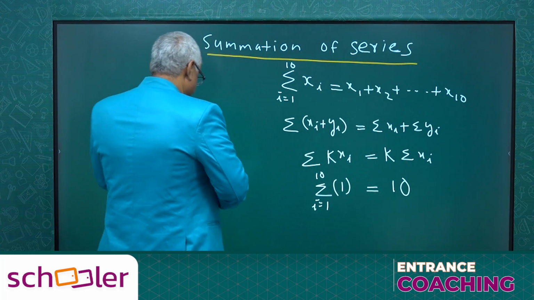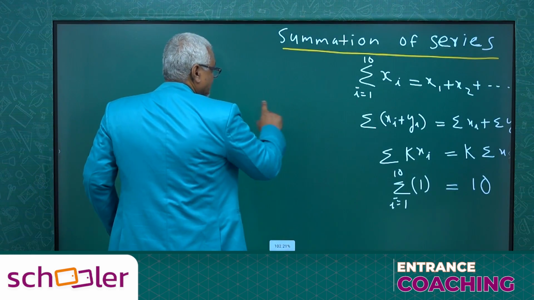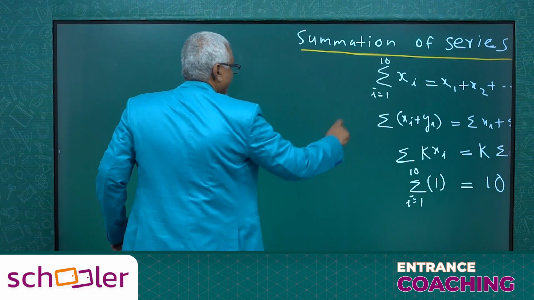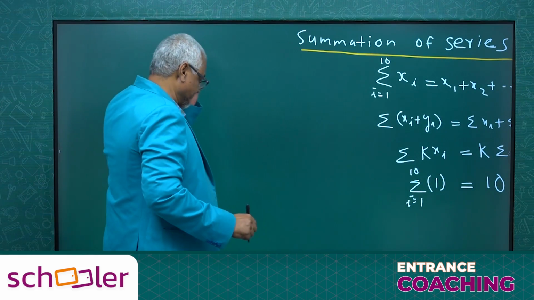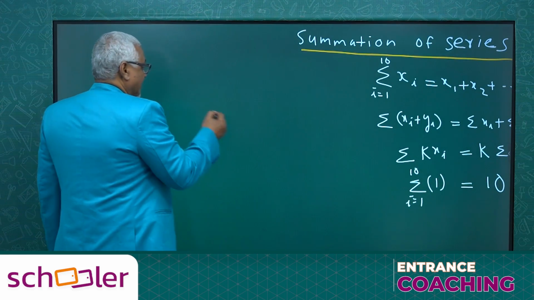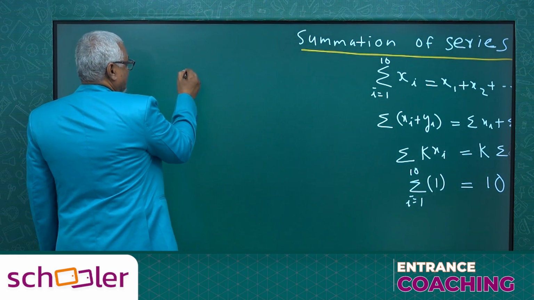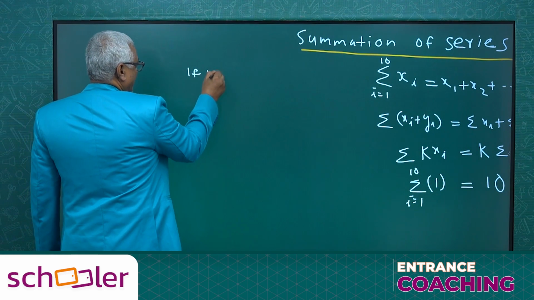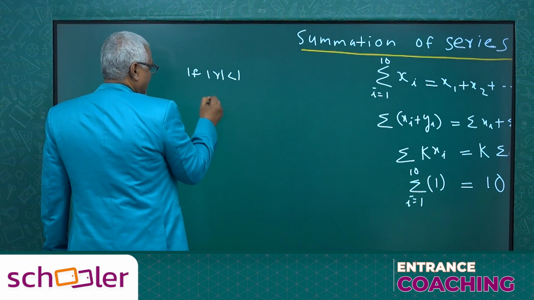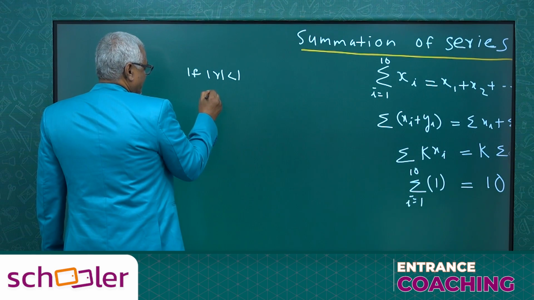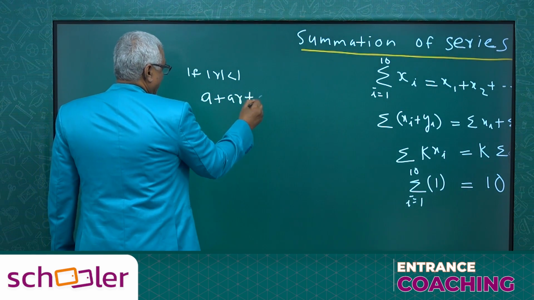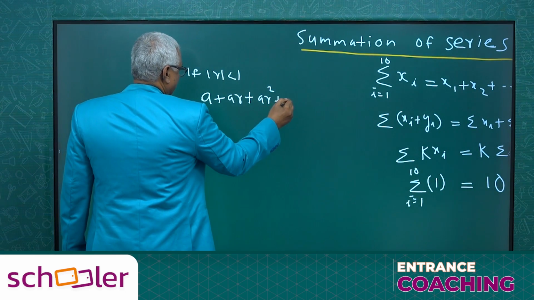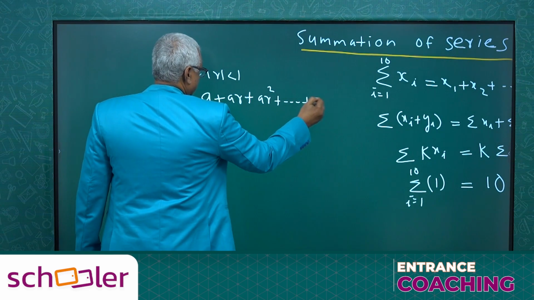What else do we need? We need some identities, okay. First identity is the sum of the infinite terms, if modulus r is less than 1, of a plus ar plus ar square plus etc. to infinity.